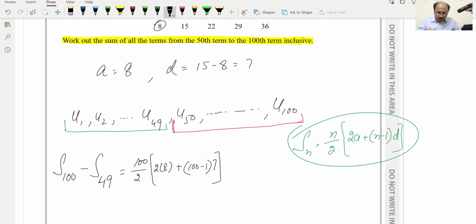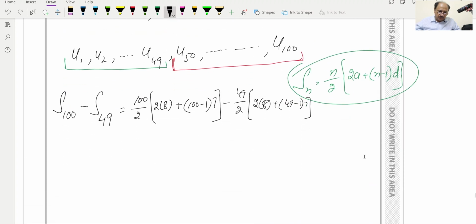So this will be our S100, and minus S49 will be what? 49 over 2 into 2 into 8, again the same thing, plus 49 minus 1 into 7 and bracket close.